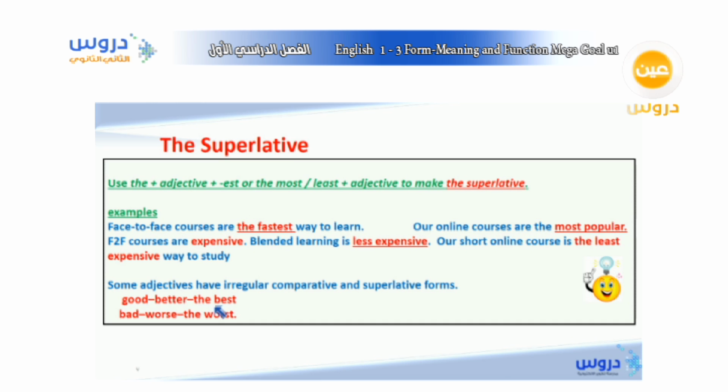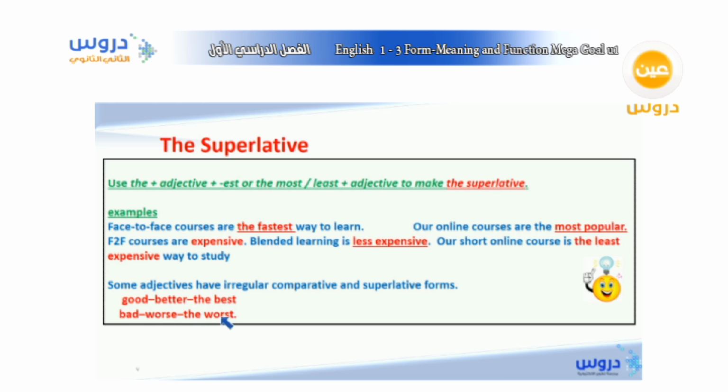For example, if we want to talk about subjects that you study, English is better than physics, for example, and it is the best subject that I have studied. The best means it is better than the others, and we have more than two things to compare.